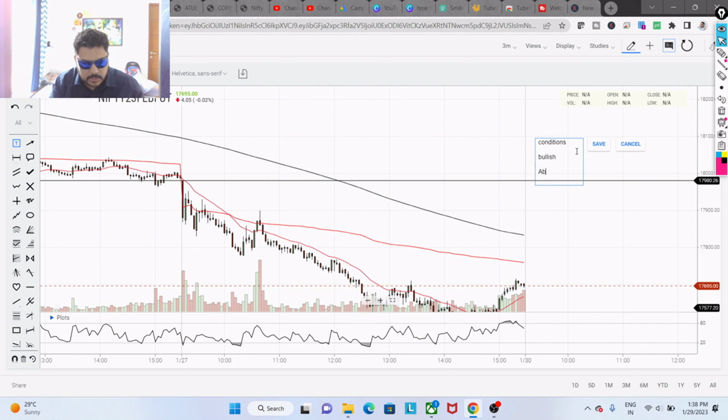Bullish: above previous day high, above 20, above 200, above VWAP, right? 1, 2, 3, 4. We have 4 conditions here, and SL will be below the entry candle or nearest swing low.